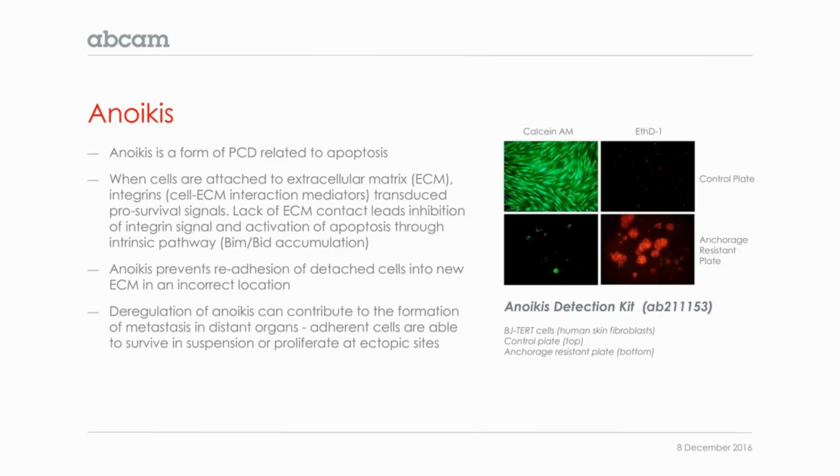When the cells are grown on a plate that doesn't allow adhesion, like an anchorage resistant plate, the cells start to die. So you can see there is a lack of calcein signal on the bottom left image. The appearance of nuclear condensation, visible by using a specific membrane impermeable dye called ethidium homodimer, confirms that we are looking at Anoikis.